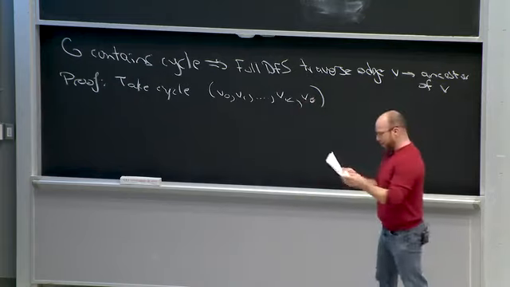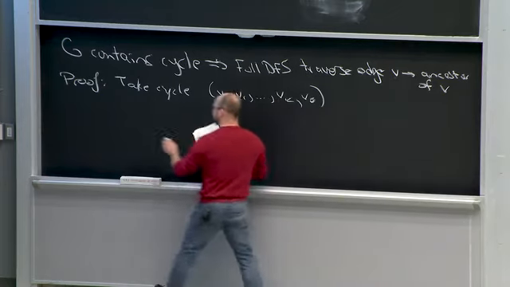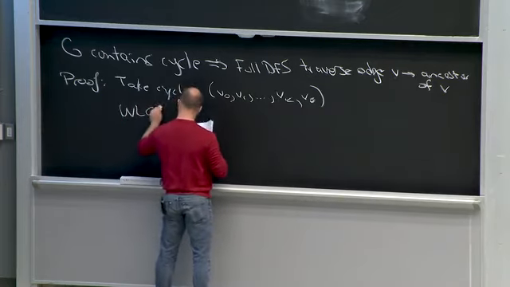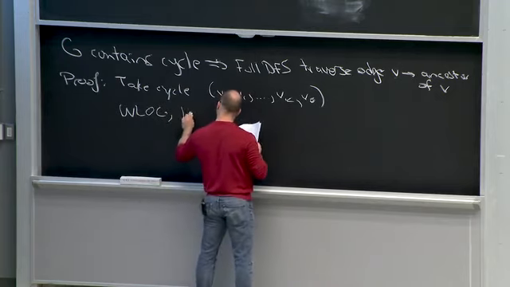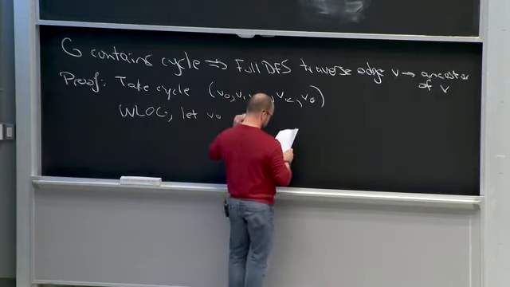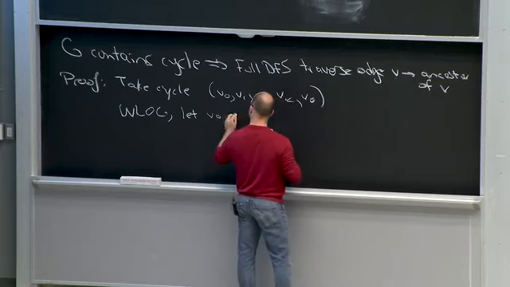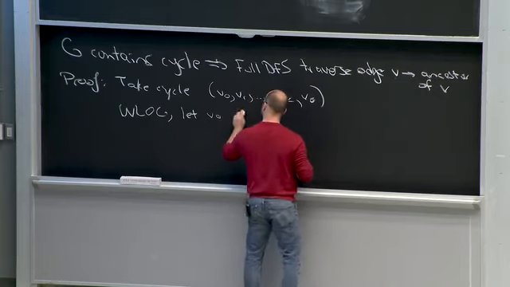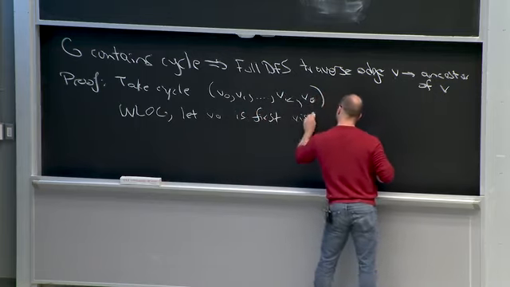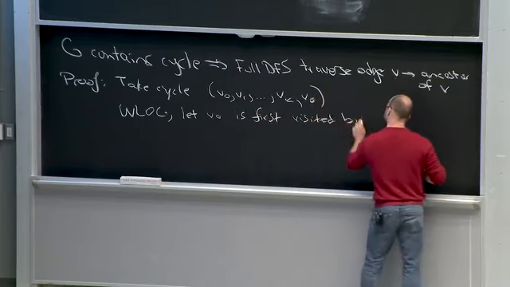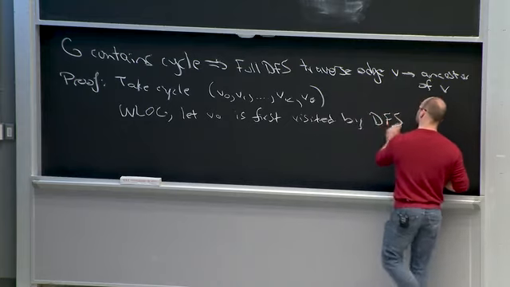So in particular, without loss of generality, we're going to assume that V0 is the first vertex visited by DFS. What does that mean?